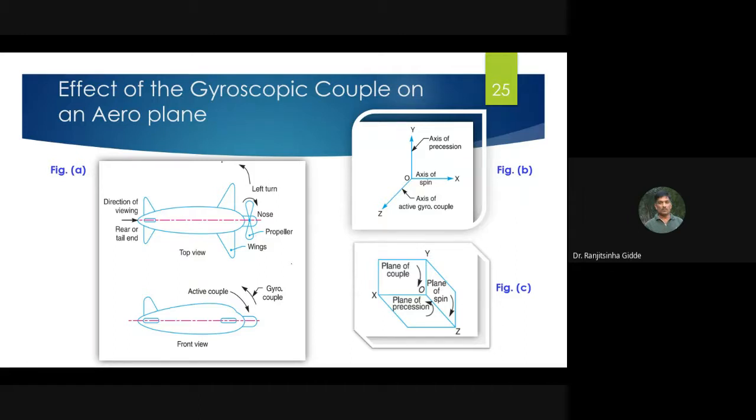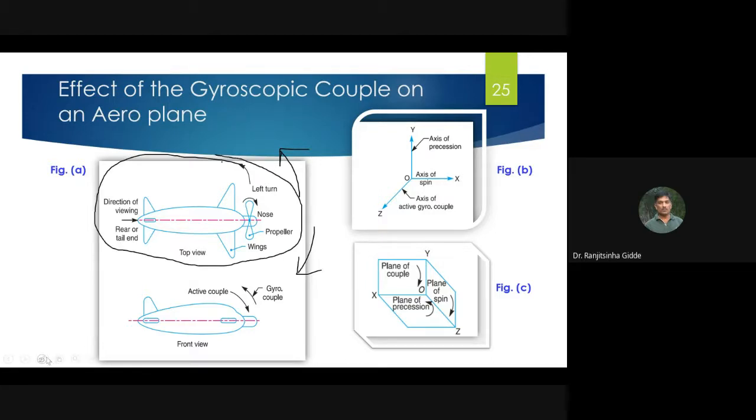Now aeroplane is taking left turn. This one is the left direction, this one is the right direction. This is top view. Don't get confused, this is top view.